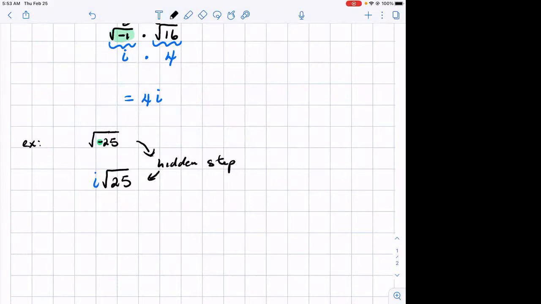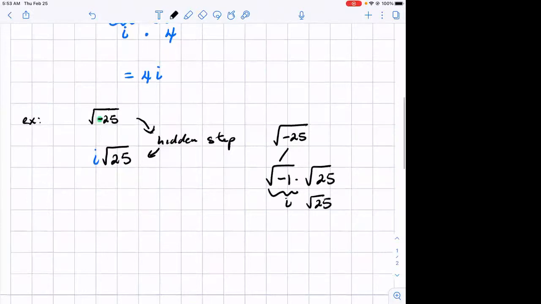That hidden step is that we took the square root of negative 25 and broke it up into two roots, negative 1 times the root of 25. And then this here is my i, root 25. So once we see that negative, we take the negative out and the negative becomes i.